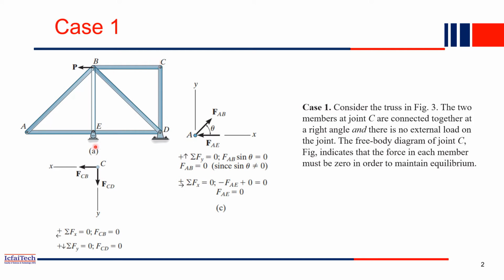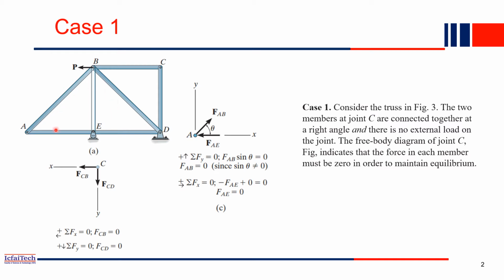For example, if you consider this truss, joint C and joint A don't have an external load. Although we need these members, CD, CB, CA, before the construction of this truss, after construction no forces are acting at these two joints, A and C. Because of this, there may be a few members whose forces are zero.